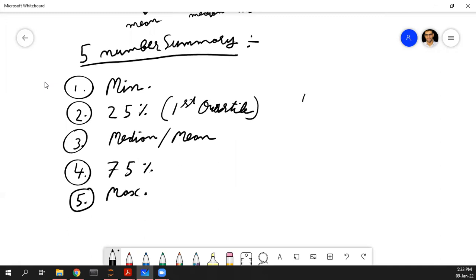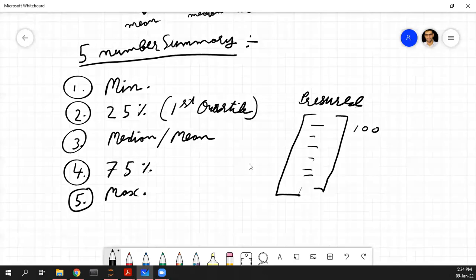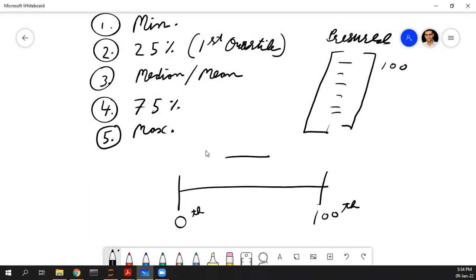Let us suppose we have pressure data from a given well. We have around 100 points of pressure data. If I arrange these 100 points in ascending order, this is my 0th point and this is my 100th point, in increasing order.